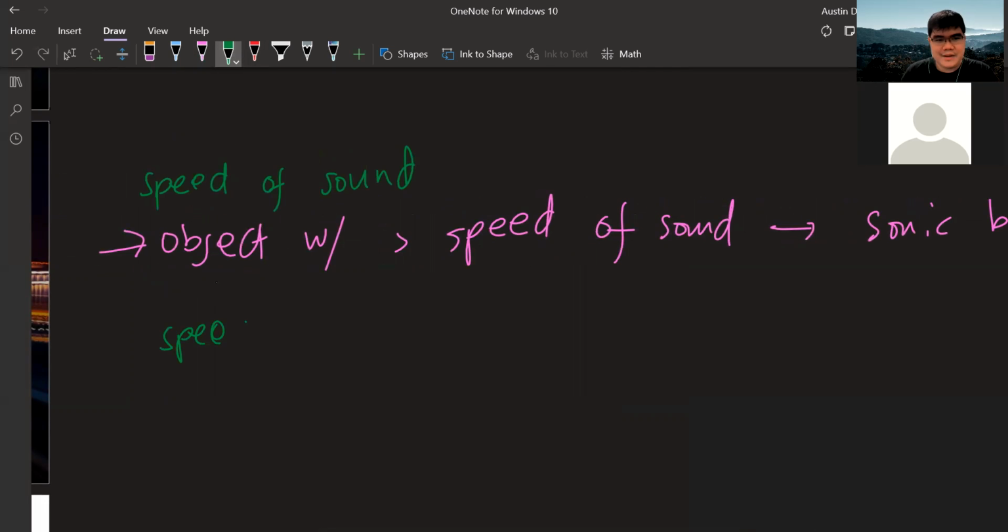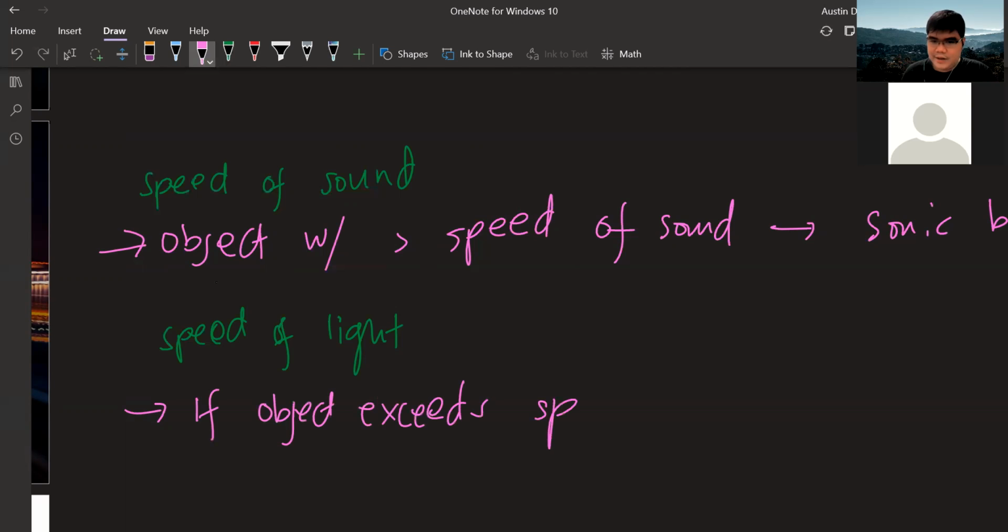If speed of light naman, pag na-exceed natin yung speed of light, if an object exceeds the speed of light, magpo-produce ka din.